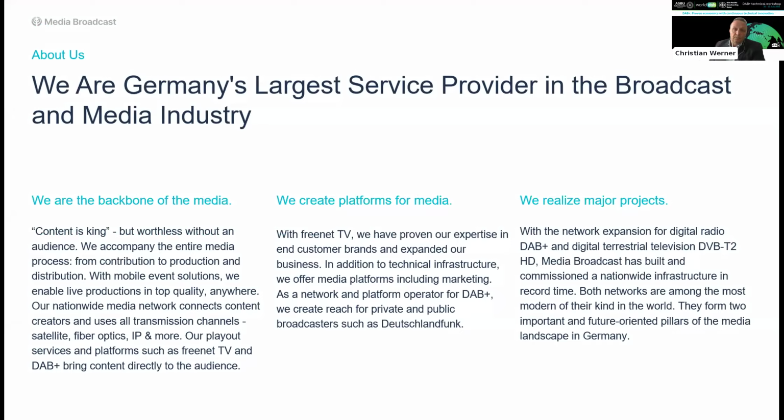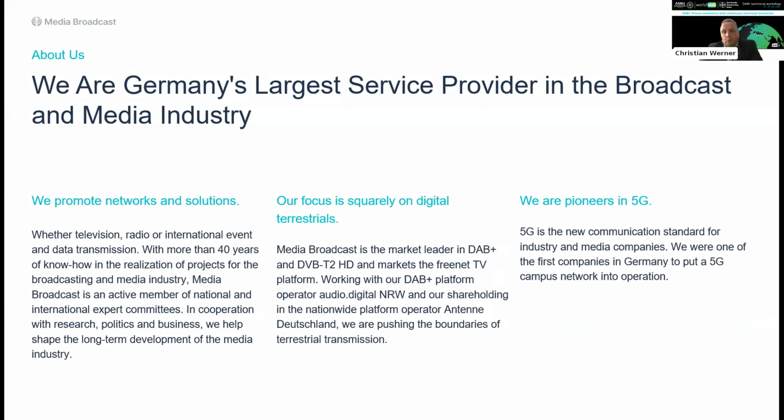We create platforms for the media, we realize major projects, we promote networks and solutions, and our focus is squarely on digital terrestrials, mainly DVB-T2 HD, and of course DAB+, some of the most important products in our company. At the end, we also consider ourselves pioneers in the development of other applications such as 5G.